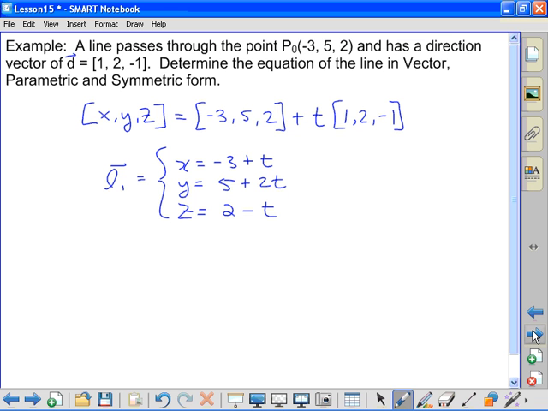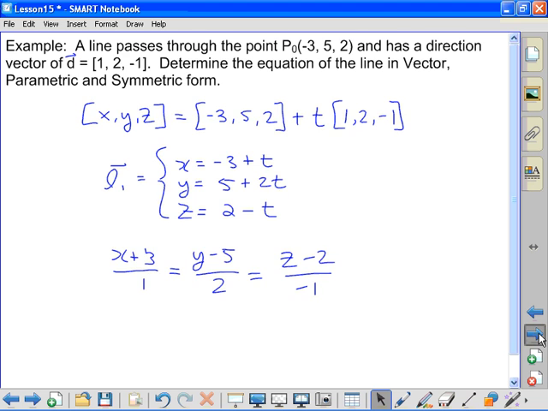And finally, symmetric form, x plus 3, and again, I'll keep it over 1 just to emphasize it. It's not necessary. And if the textbook gives you a question without a fraction, you need to know that it's over 1 so that you don't forget about that direction vector coordinate. So there you go. There are the 3 forms from the given information.